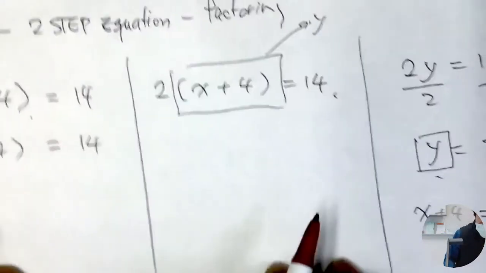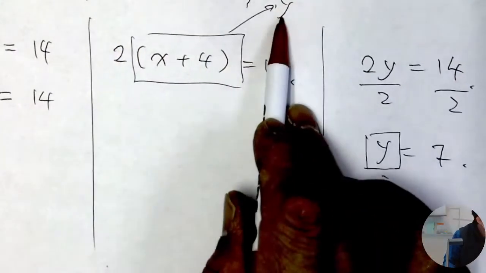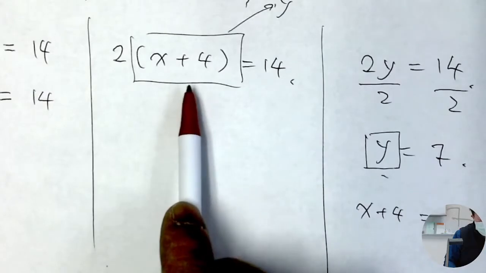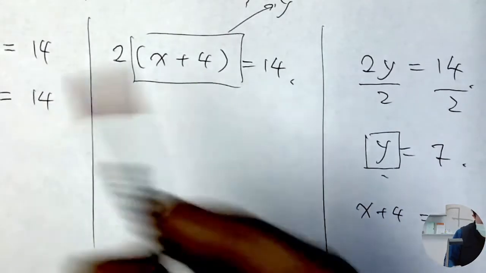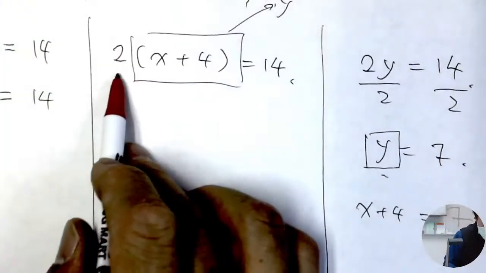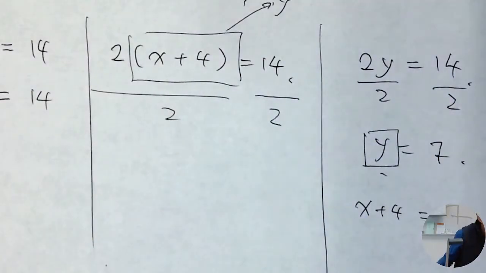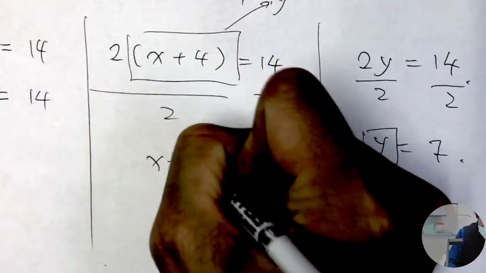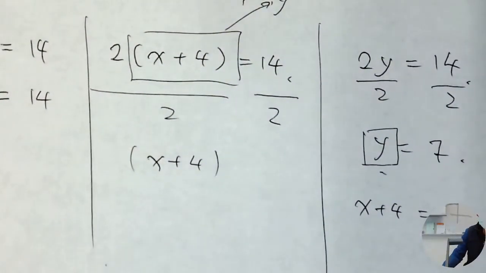Okay? So notice here, if I see this bracket as an unknown, I basically have one term to multiply by the box. All right? So in that case, I can remove the 2 by dividing both sides by 2. And then you have x plus 4. You can keep the bracket, you can lose the bracket, doesn't really matter at this moment.